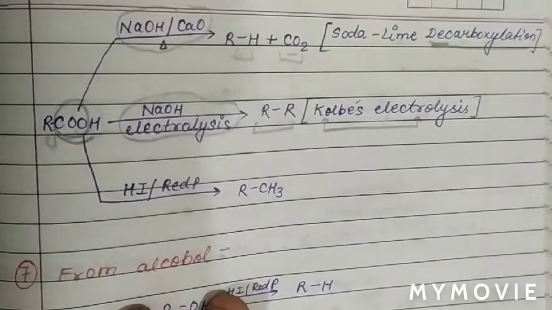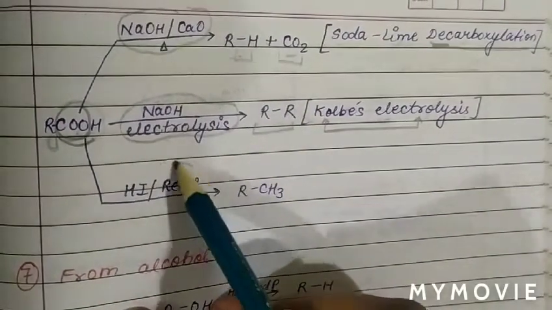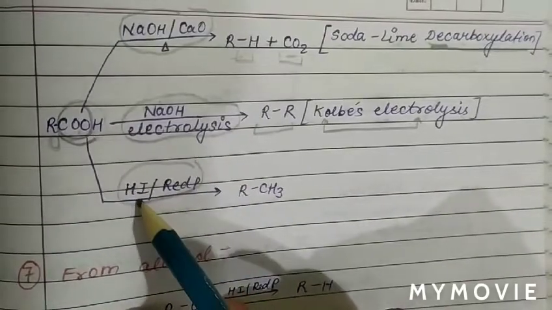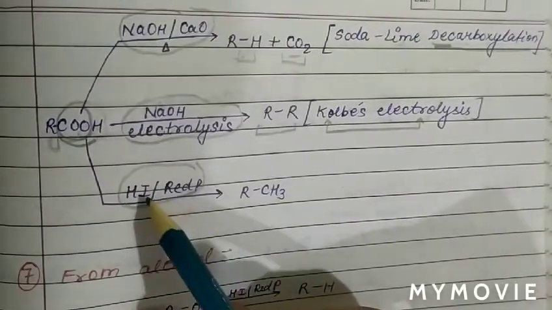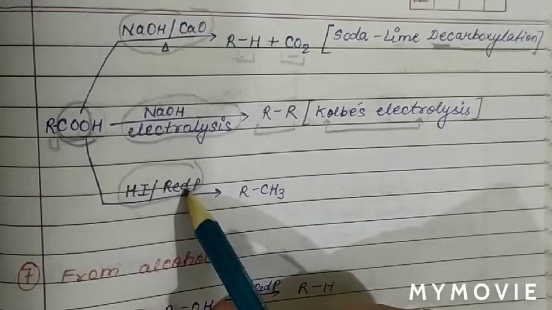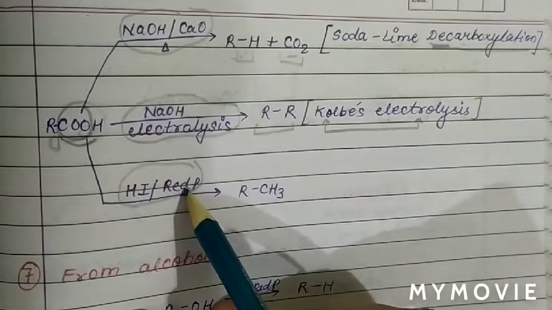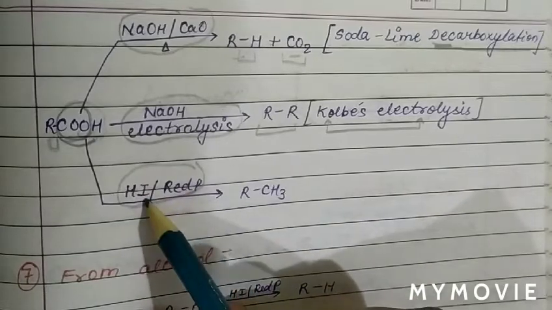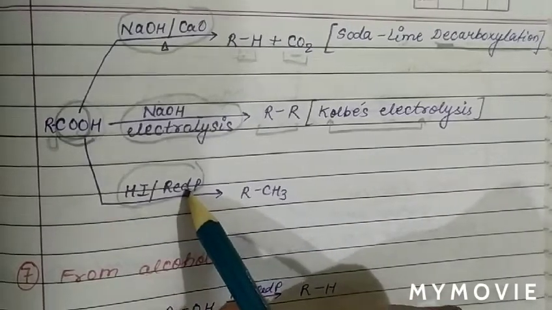In the next method, we use a reducing agent. The reducing agent is basically HI in presence of red phosphorus. HI with red phosphorus we also use in the reduction of aldehyde and ketone. So in the reduction of carboxylic acid also we can use HI with red phosphorus as a reducing agent.